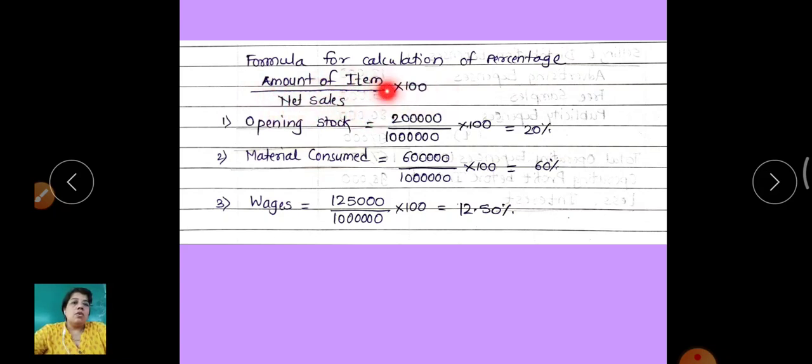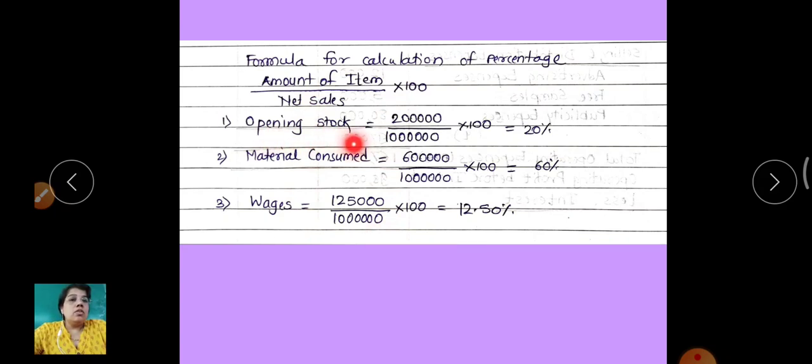All the profit and loss account items, all the income statement items, we are going to divide by the amount of net sales, that is 10 lakh, and multiply by 100, that means we will calculate the percentage. I have calculated only 3 amounts here, the rest you can calculate on your own.